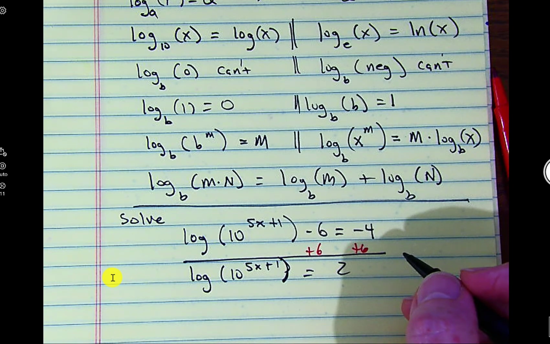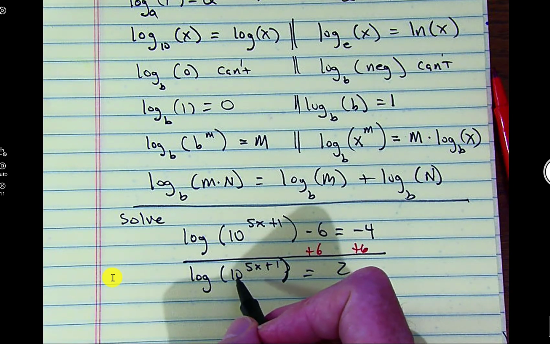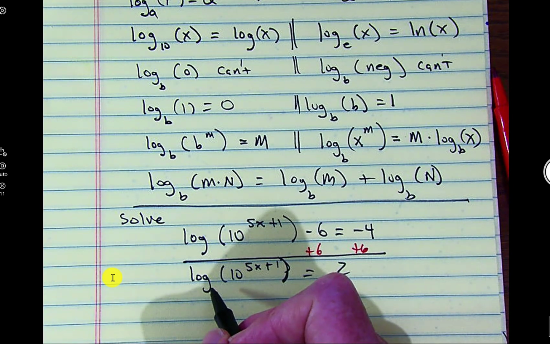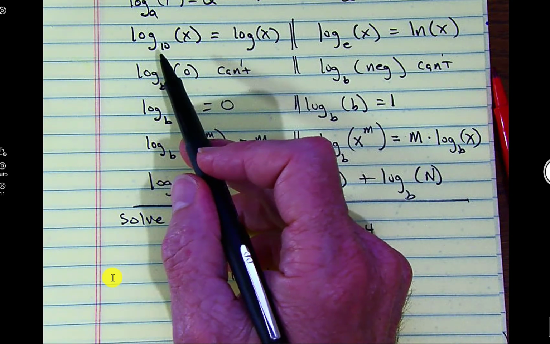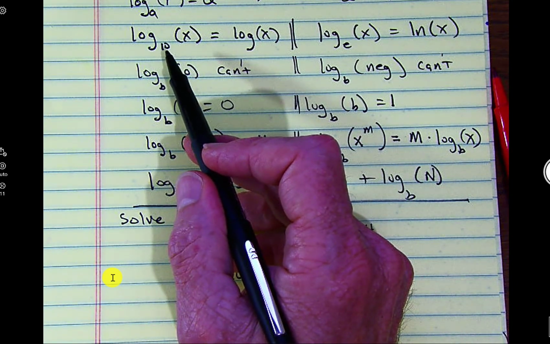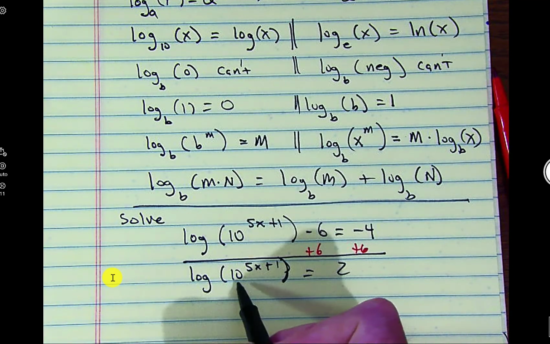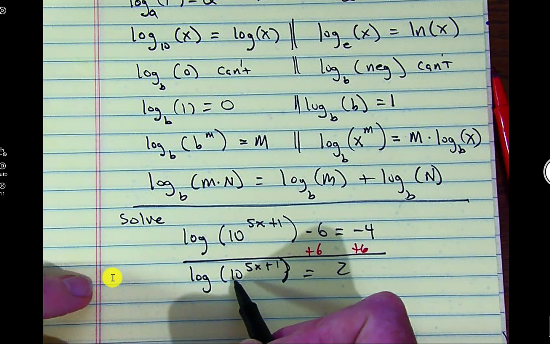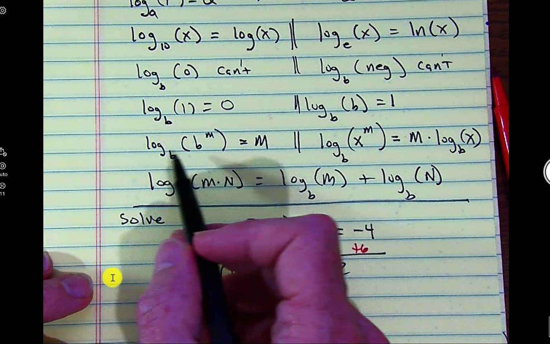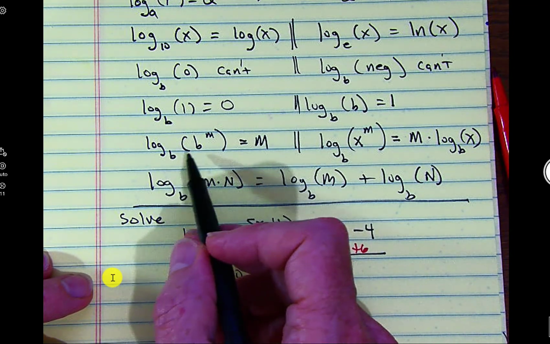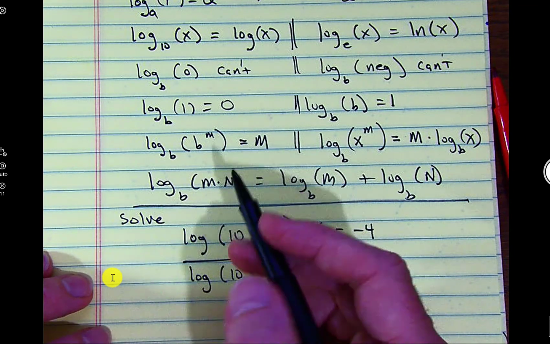Okay, hey wait, this is exponential base 10 and this is log. Right up here we saw that log base 10 is the same as log, so this is log base 10 and exponential base 10. That is exactly this property here. Exponential base 10, log base 10, they're going to cancel out.